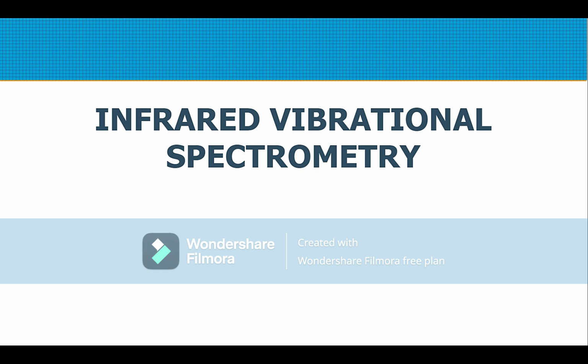In all physical phases, molecules continuously vibrate. Vibrations are mainly of two types. In one, the bond stretching takes place. In the other, bond angle bending takes place. So these two types of vibrations are ceaselessly taking place in molecules, whether it is in gas phase, liquid phase or solid phase.